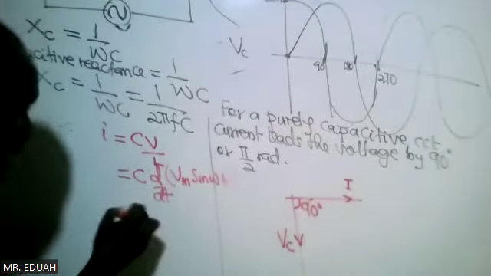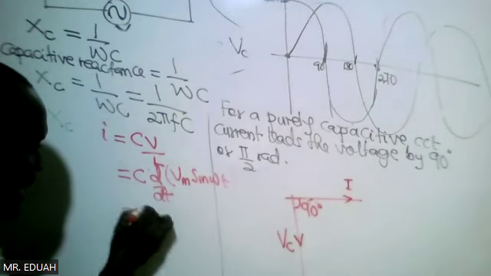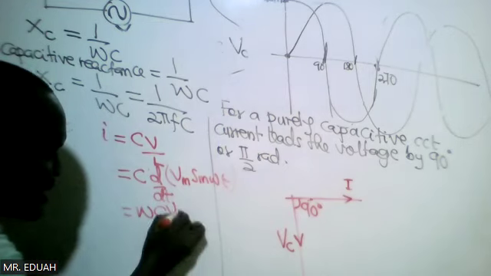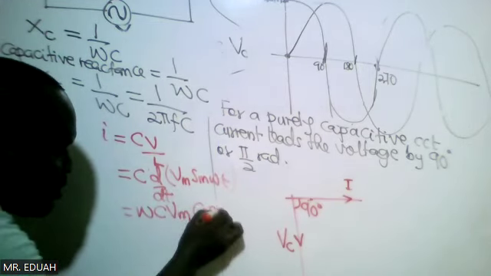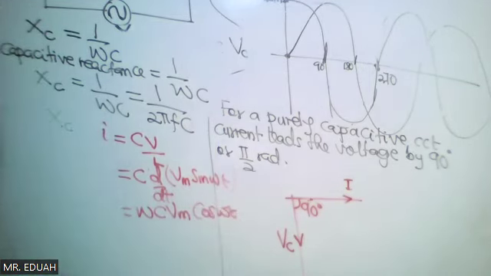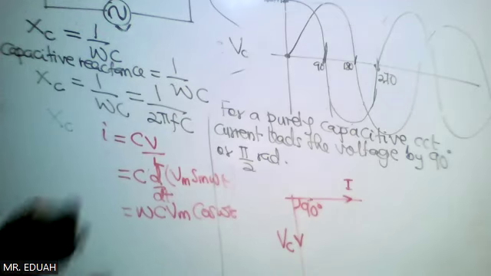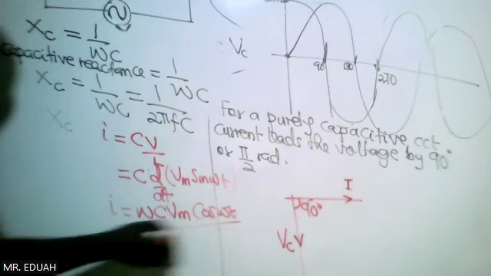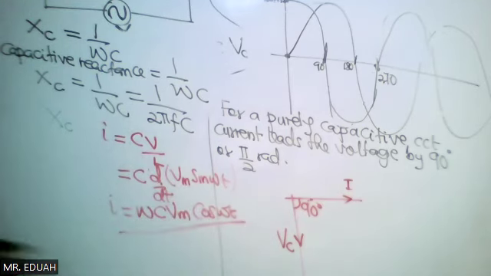Then we went through the differentiation and got omega C Vm cos omega t. And this is the instantaneous current flowing through the capacitor, which leads the voltage.